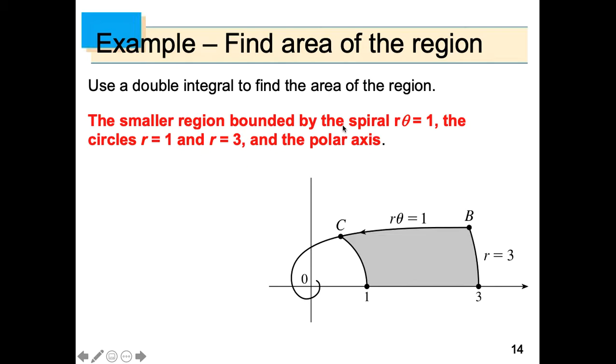Now, there's a lot of information going on there, so let's break this up piece by piece. The spiral r theta equals 1 is this guy. It starts off here. This thing actually goes forever closer and closer to the origin, but it never actually touches the origin. So this spiral is impossible to touch the origin with, and we just started here for simplicity.